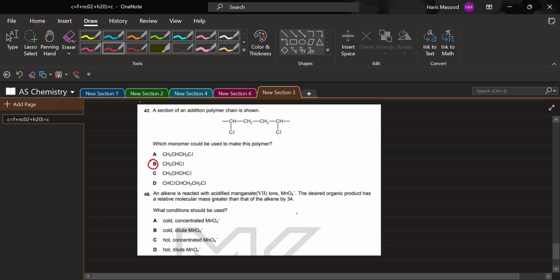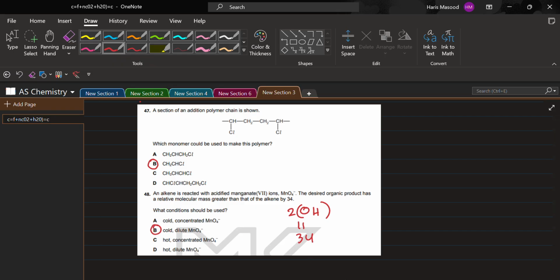Hydroxy groups, because if you are reacting, you have two OH groups, right? You add two OH groups. So two OH groups I think equal to 34. So we must have used cold dilute MnO4 ions.